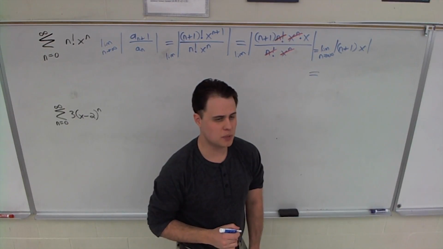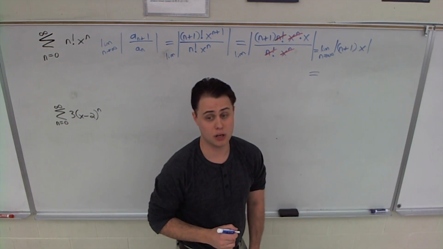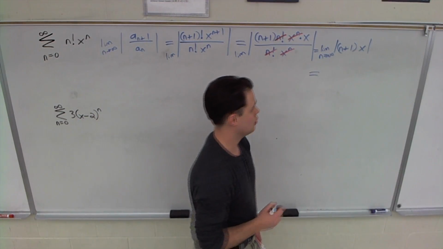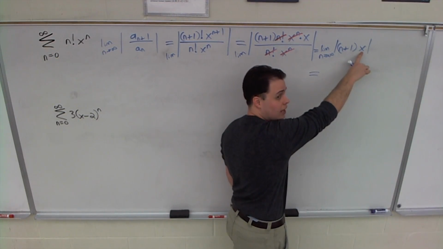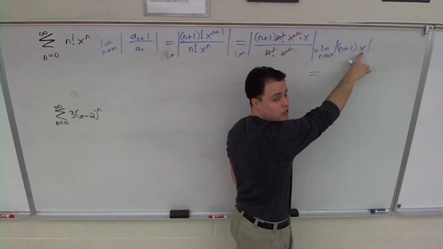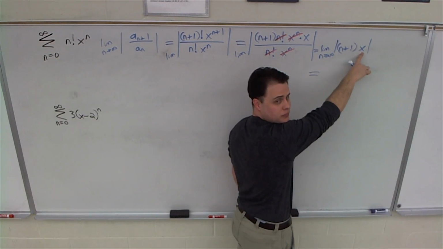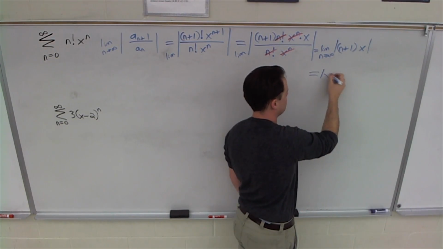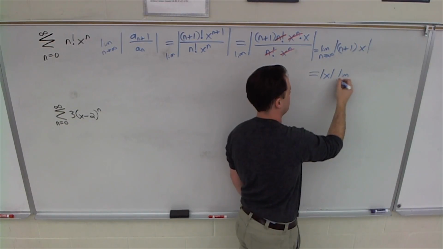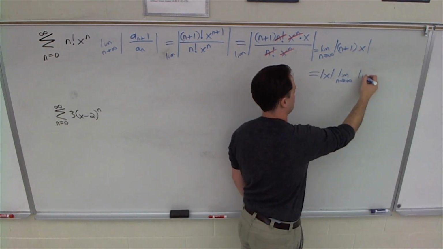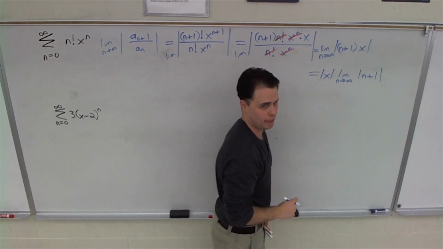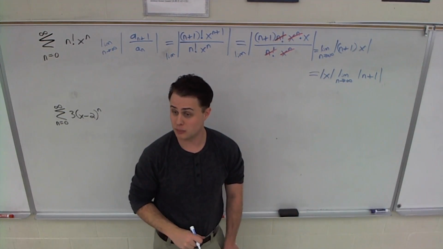But now, you should be able to look at this and think about what depends on n and what does not depend on n. Well, clearly, that does not depend on n, so what can you do with it? You can pull it outside the limit, right?